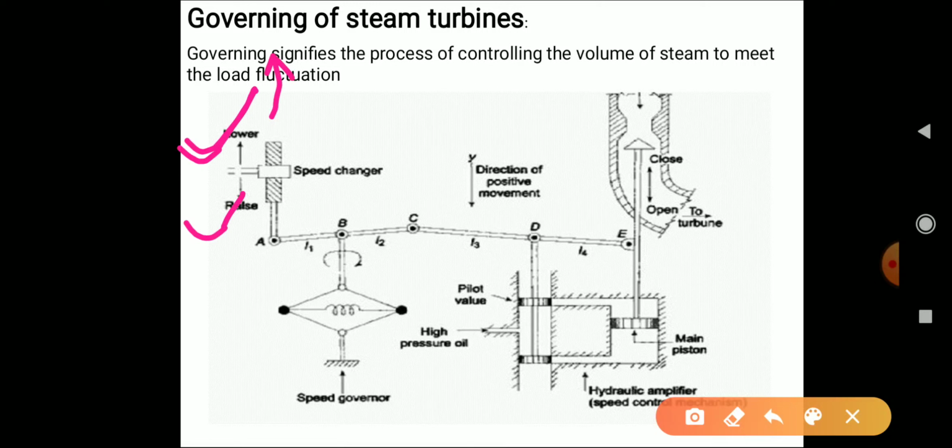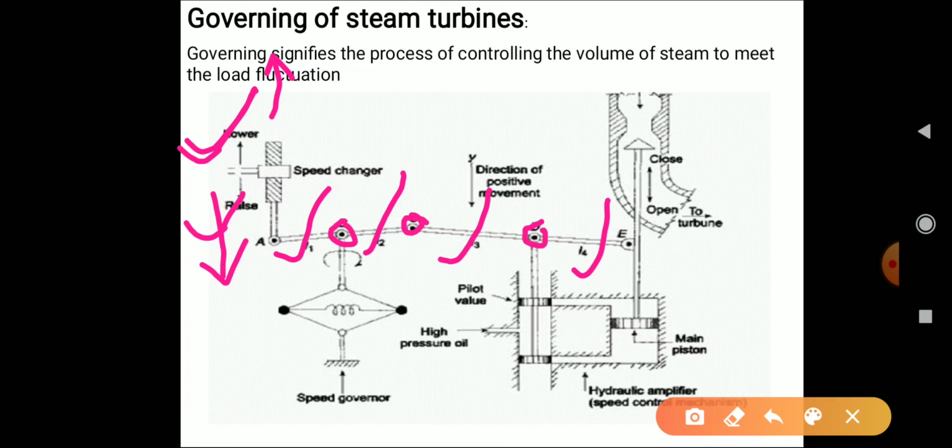If you want to raise the speed, pull it downward. What is happening here? These sections are combined by a pulley system, hinged at this pulley type arrangement.